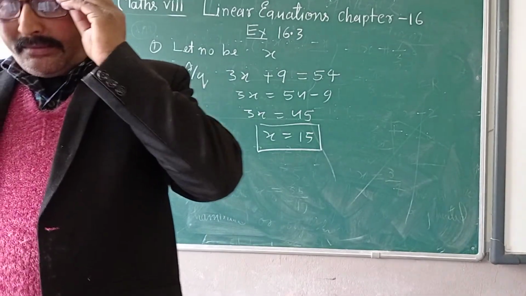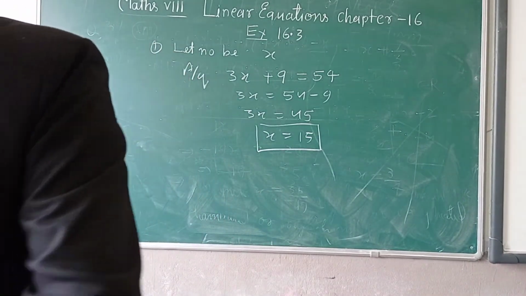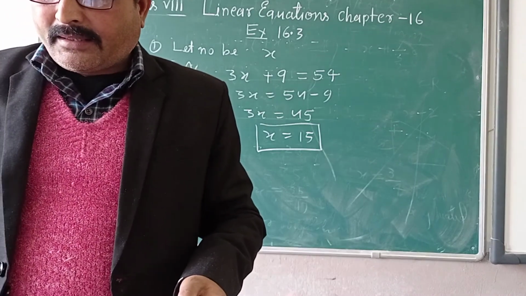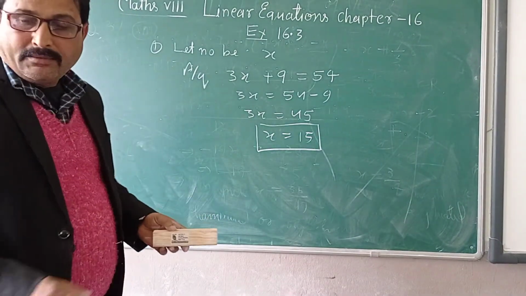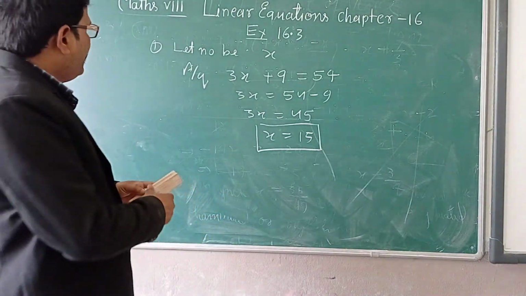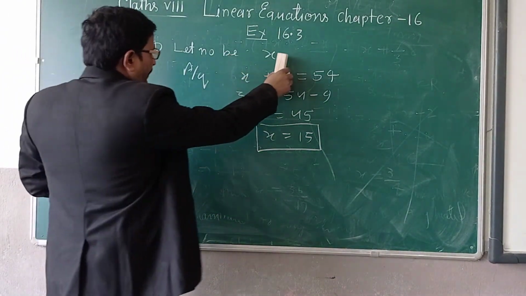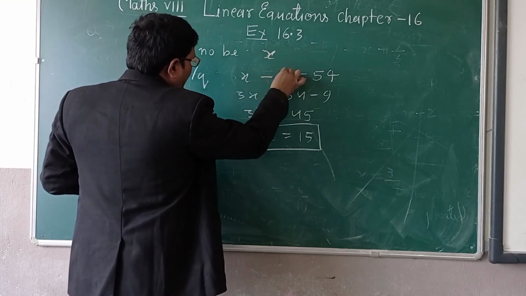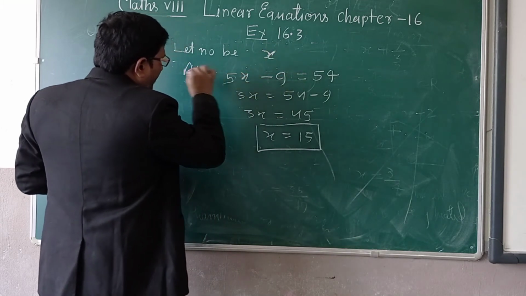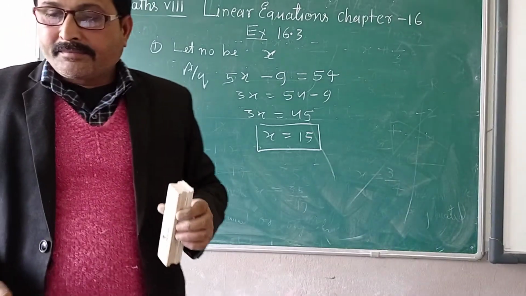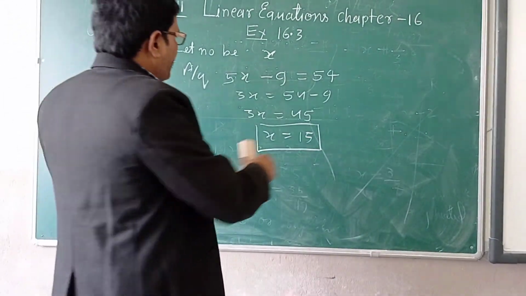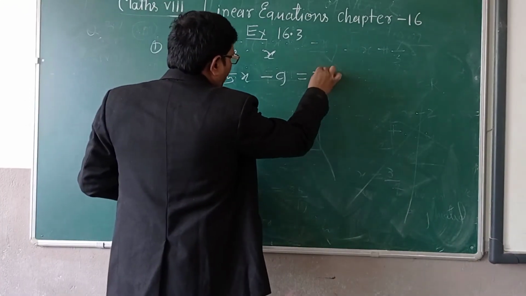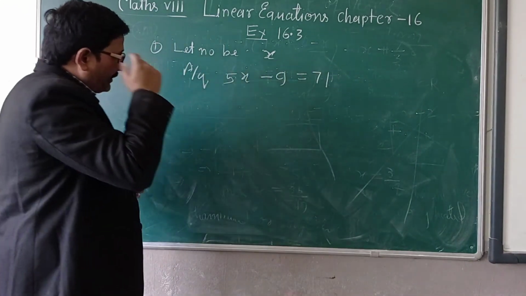Now last question. If 9 is subtracted from 5 times a number, the result is 71. Let the number be x.